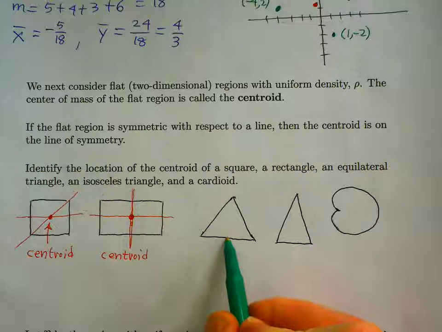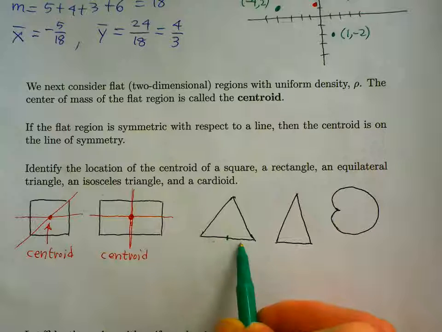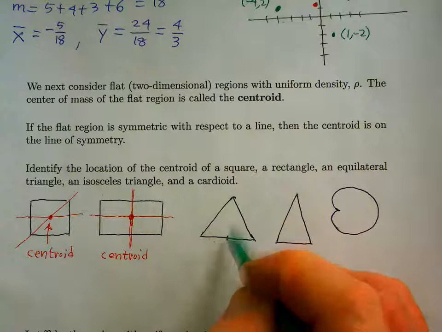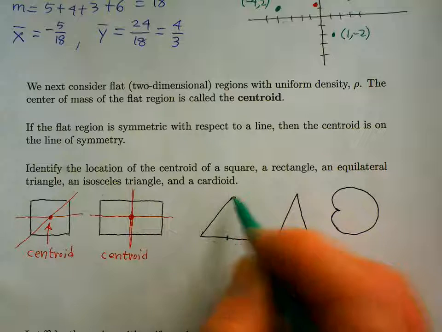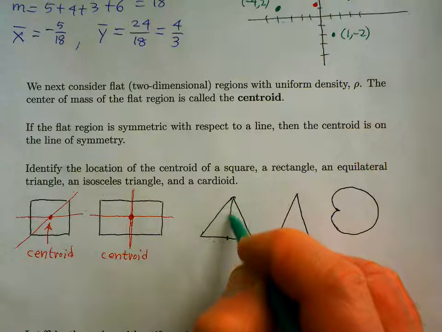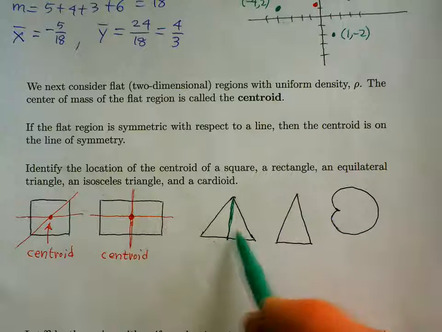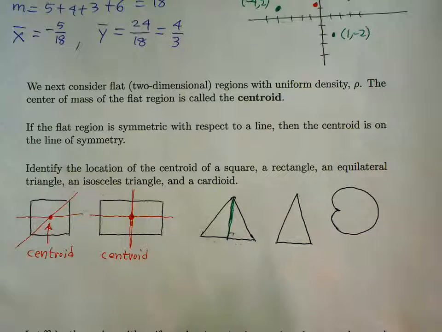If you bisect one of the sides into two equal line segments, and then construct a line segment from the opposite vertex that attaches to it, these are supposed to be right angles.